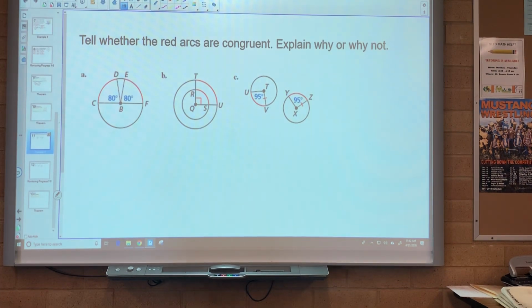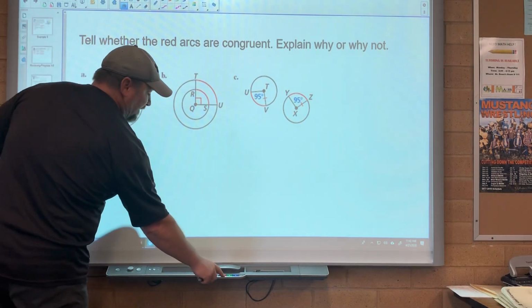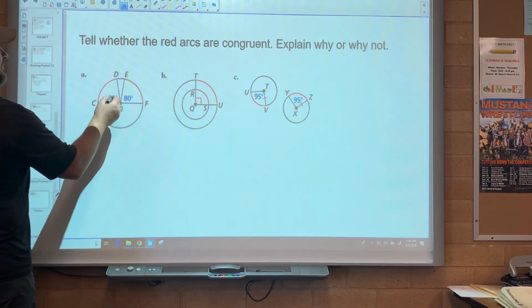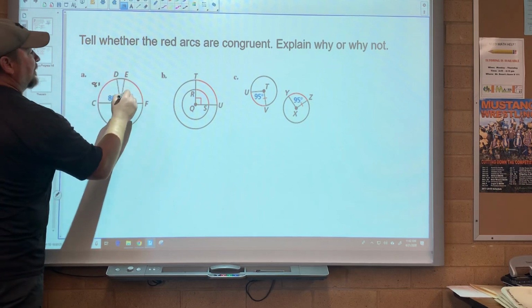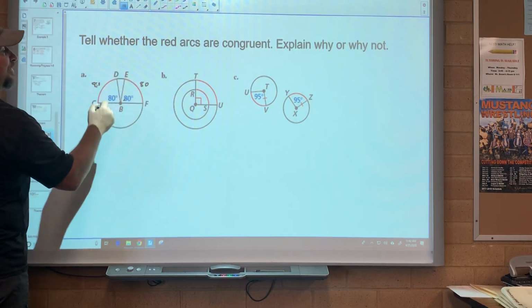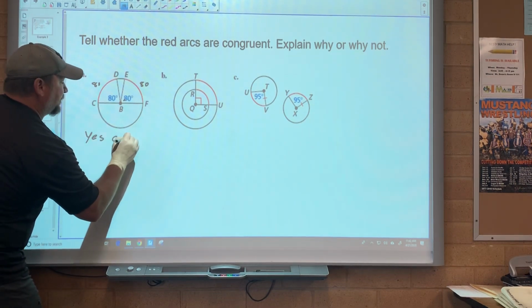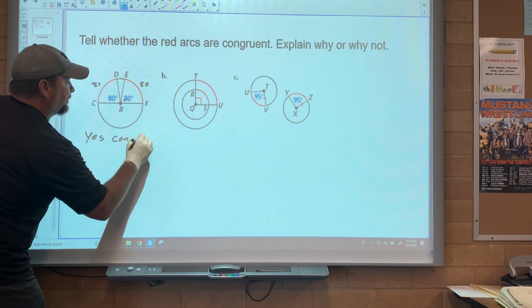There might be arcs that are the same measure, but their lengths may be different. I want to make sure you understand that on this one right here. We'll get to it in a second. All right, if this one's 80, this one's 80, this one's 80, and they are on the same circle, therefore they are congruent. So yes, congruent.